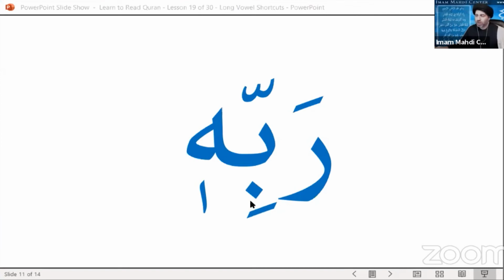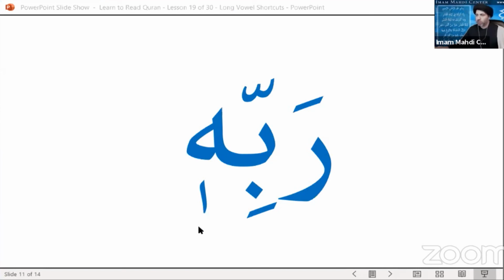So without stopping the sound of the ba, you say rabbi. You have to pronounce this kasra for the ba. The shadda connects it to the ra, and then you read the ba with a kasra. You say rabbi. And then you have this ha with a small alif under it. So this is pronounced hi. This ha with the small alif under is pronounced hi. So we have Rabbihi.